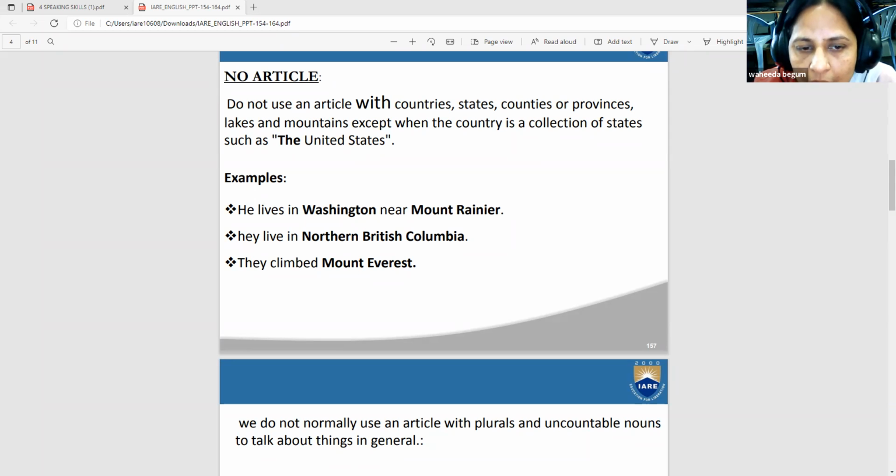Before plural countable nouns used in a general sense: children like chocolates. Computers are used in many offices. Before languages, for example, we are studying English.